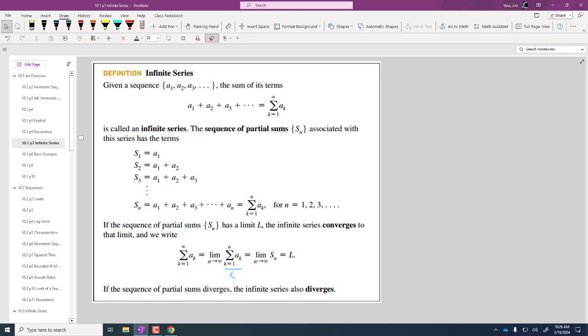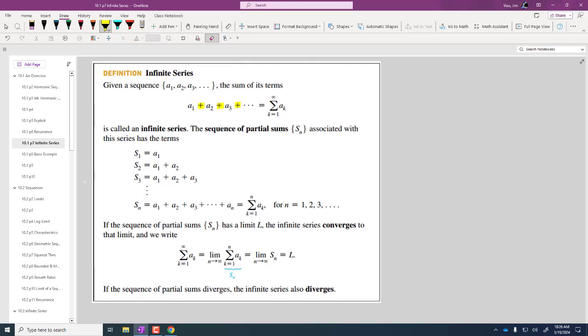Now, this first section, 10.1, is an overview. We just did an overview of sequences. Now we're going to do a little overview of series. When you think sequence, you think commas. When you hear series, the big difference is that instead of commas, you have pluses.